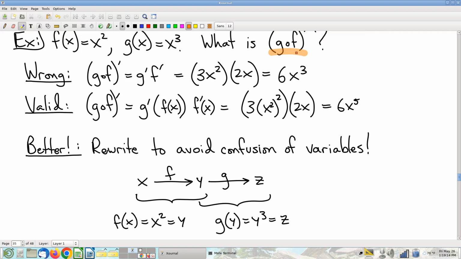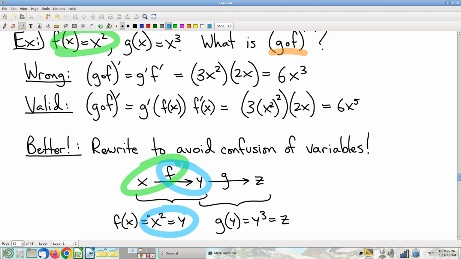So specifically, if f is x squared, if I am writing f as being a function of x, what name am I going to give to this output variable? What should I call the output from f? I better not call it x. That'd be ridiculous. X is the input, not the output. So I guess I better call this output y.